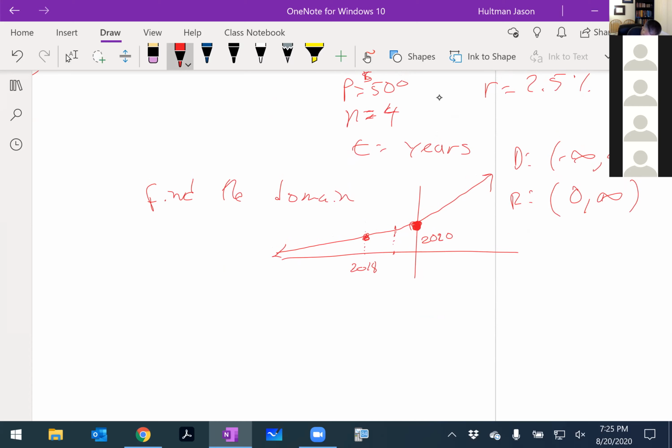Let's look at our function here, A of t. Let's say that t was equal to -2 years. So in -2 years, would we get $0 in our account?